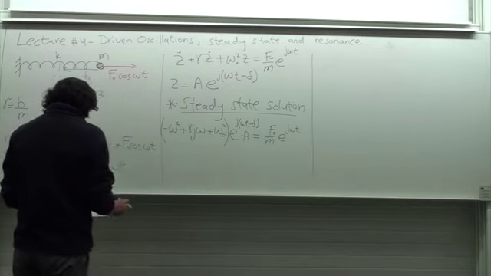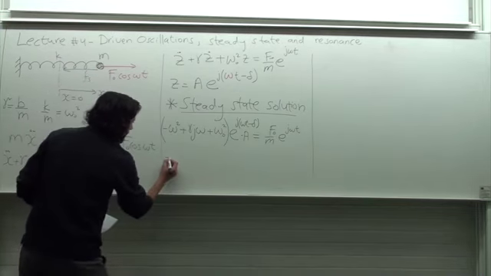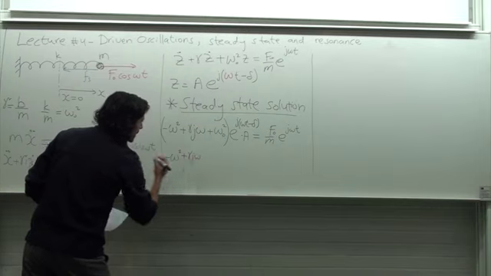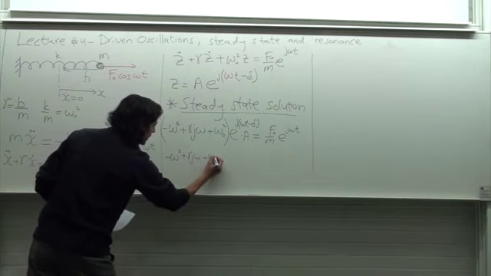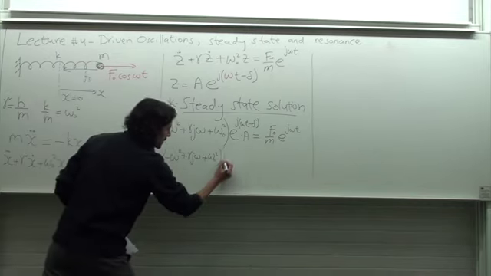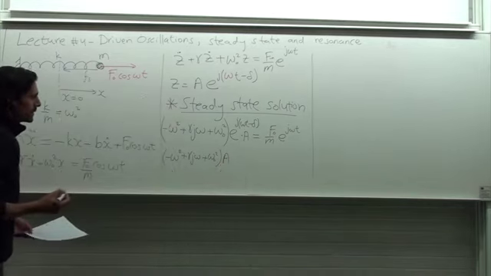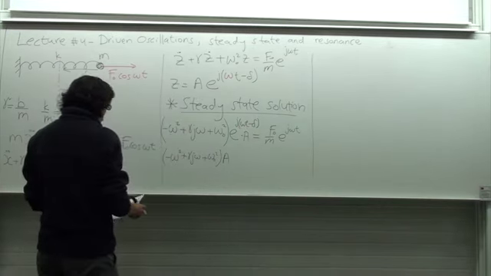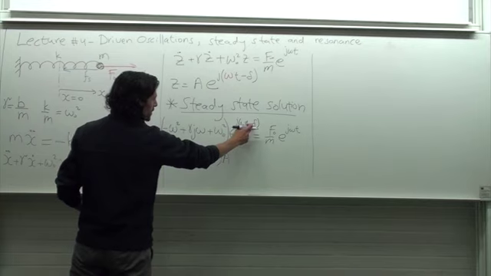So now I can write minus omega squared plus gamma j omega plus omega 0 squared, times A. I get rid of this part here, and I'm going to divide by e to the power minus j delta.